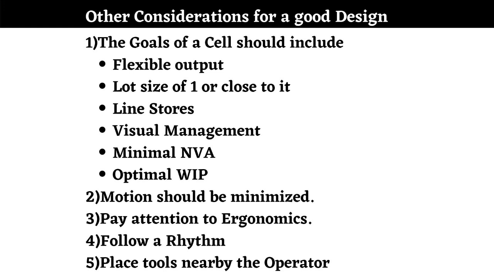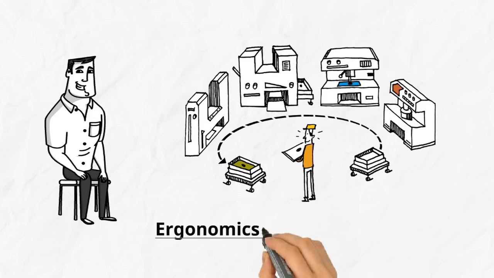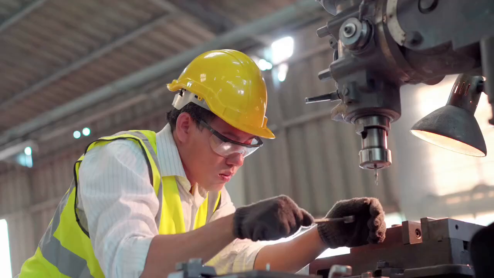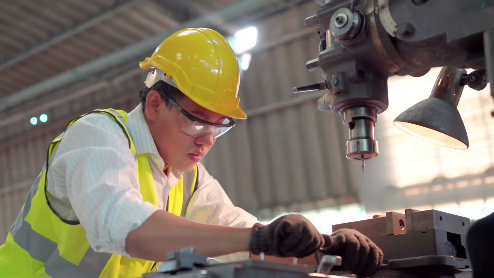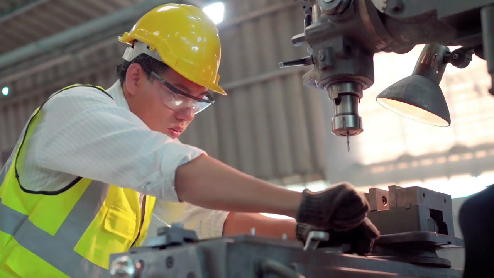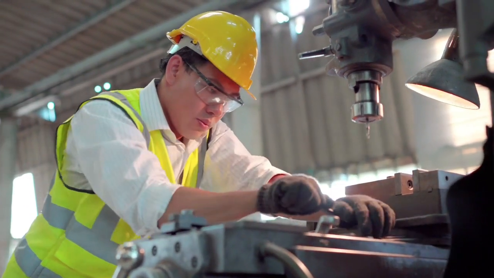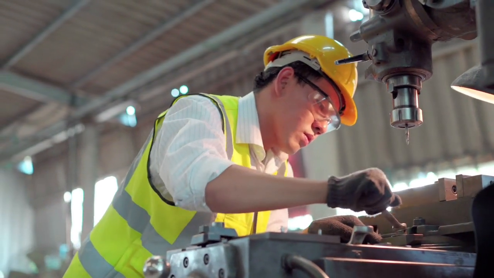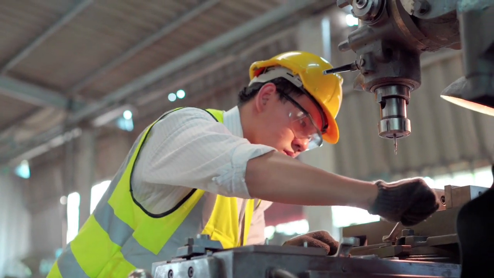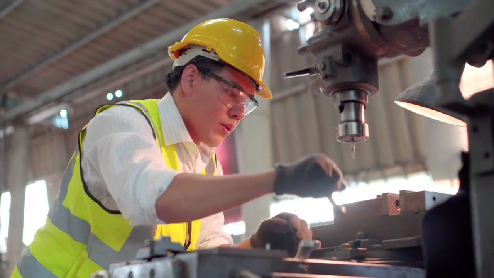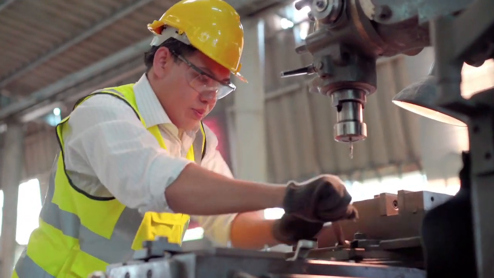Now let us look at other considerations for a good design. Ergonomics in manufacturing cells. As the manufacturing work is done repetitively, the movements that operators make are to be studied closely. A difficult body movement, while okay when you do it once, would be harmful to the human being when it is done repetitively.